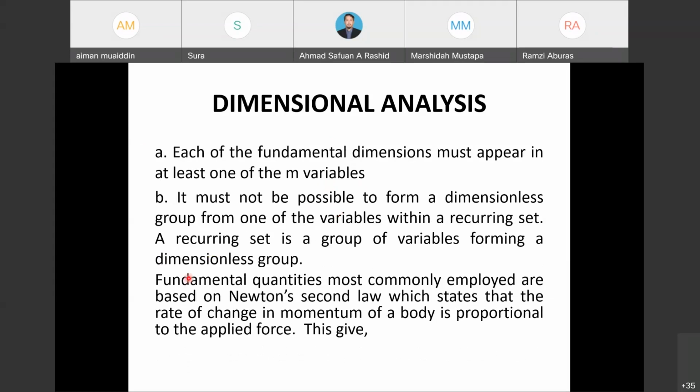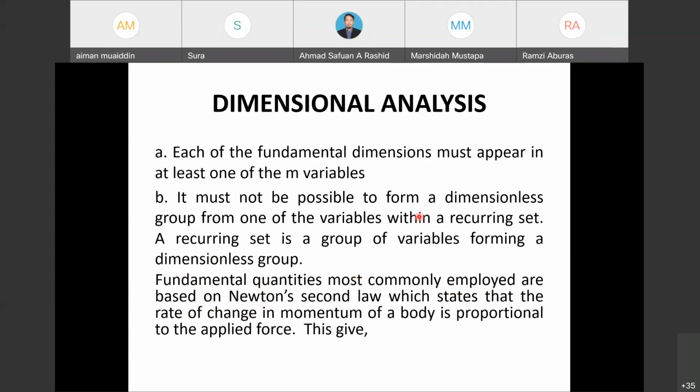The fundamental quantities most commonly employed are based on Newton's second law, which states that the rate of change in momentum of a body is proportional to the applied force.